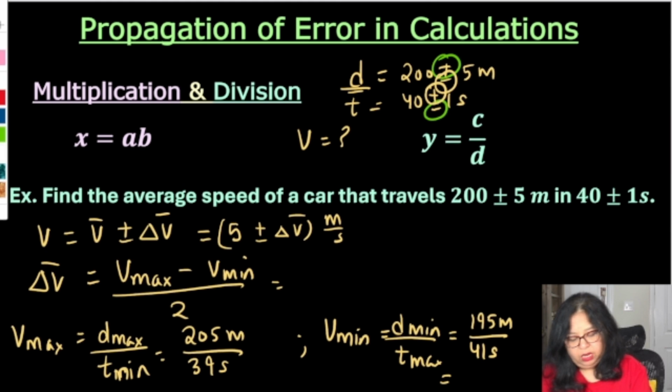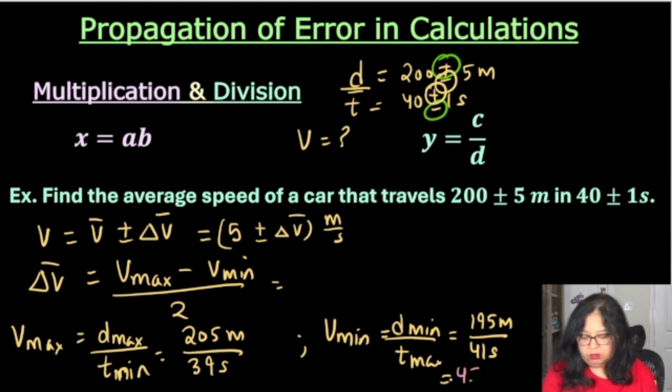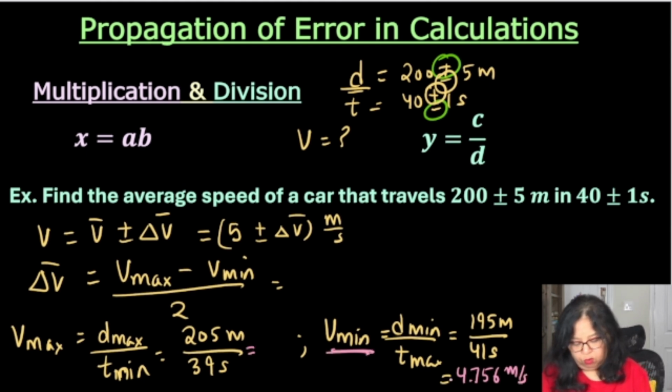So let's see what we get for V min. 195 divided by 41. It's a long answer, 4.75609. I'm going to just leave it here, meters per second. That's my V min. V max will be 205 divided by 39, which gives me 5.256.